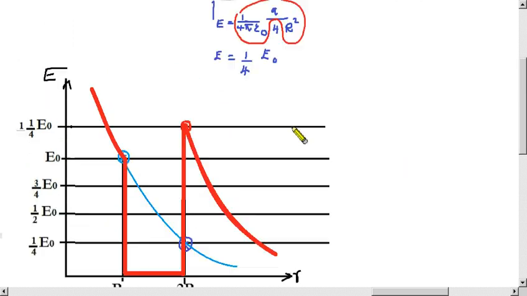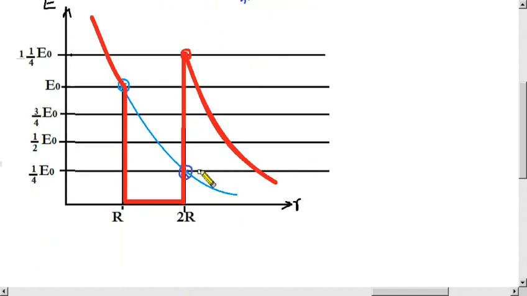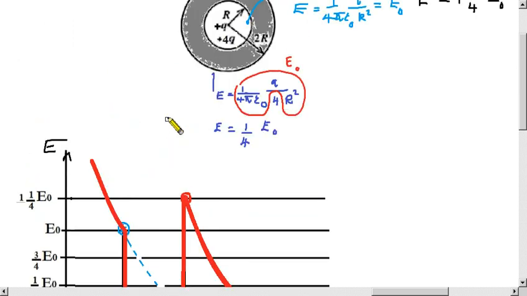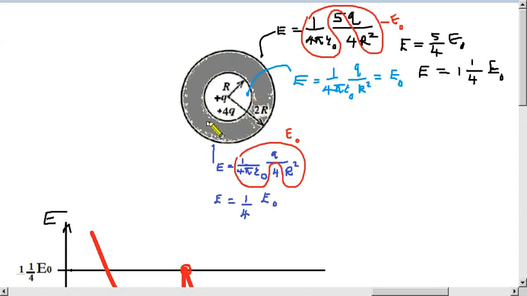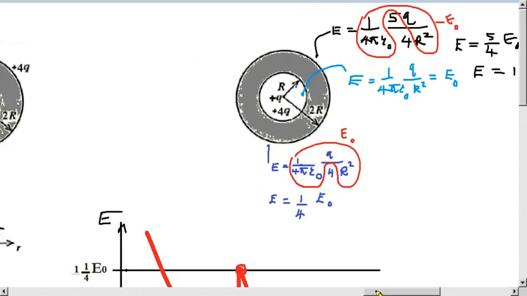This one is the final. Now this one is not valid because we have considered both the charges. This one also is not valid, because we have to consider this metallic medium.